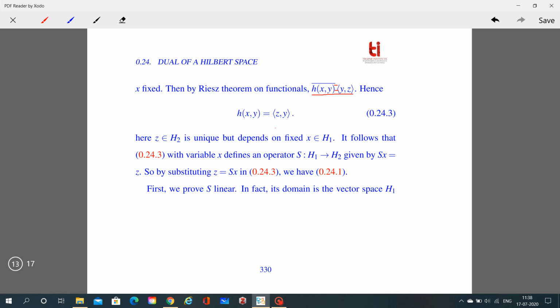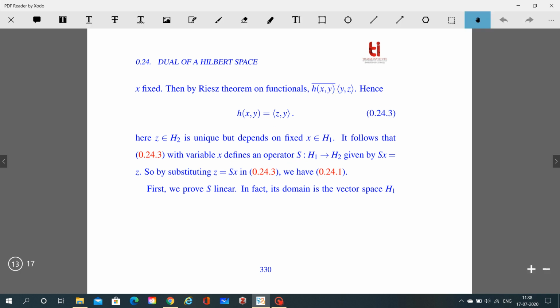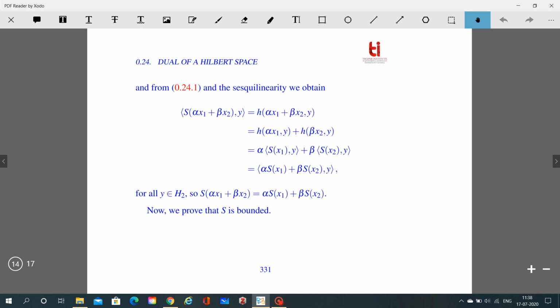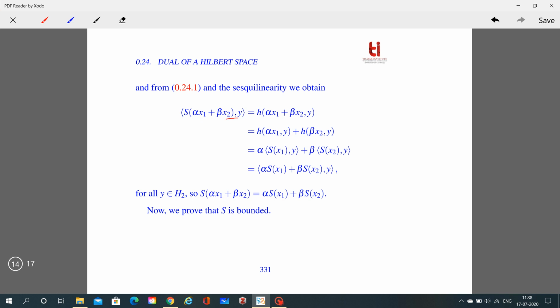First we prove that this S is linear. In fact, its domain is the vector space H1, and from the given equation and the sesquilinearity we obtain the inner product of S of (alpha x1 plus beta x2) comma y is equal to h of (alpha x1 plus beta x2) comma y. Now we apply the definition of sesquilinearity.